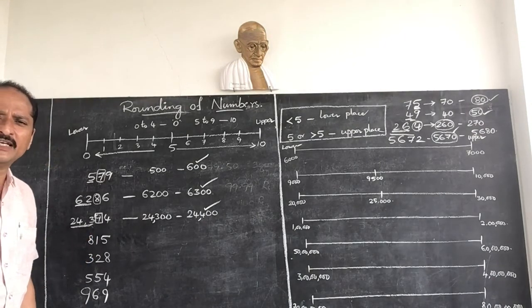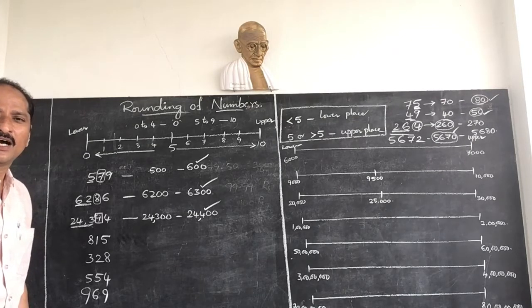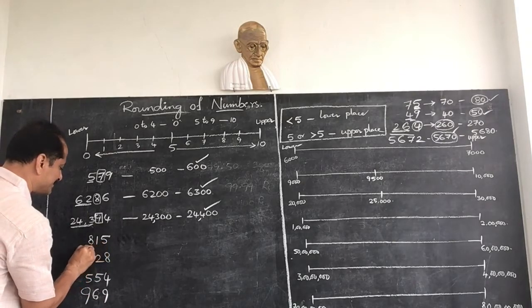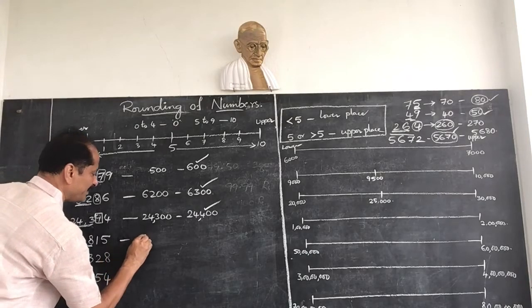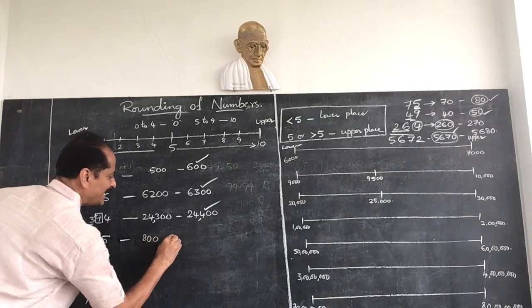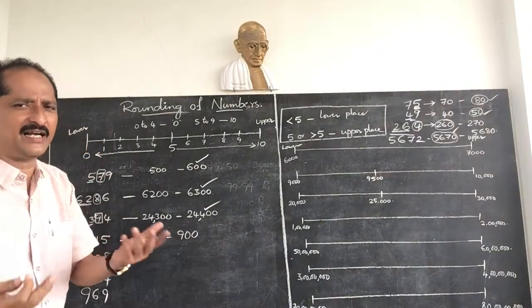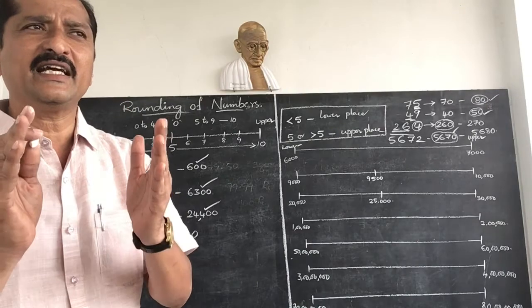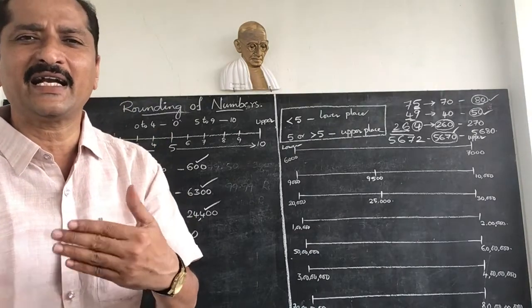Round off this number to the nearest hundreds place. How many hundreds are there in this number? Ones, tens, hundreds. Only 8 hundreds are there. That means this number is in between 800s and 900s. But whether to round off to 800 or 900 is important. So to round off this number to the nearest hundreds place, we should see the next lower than hundreds place.